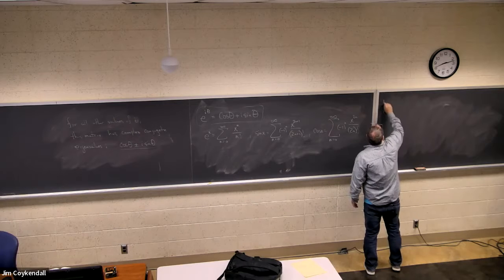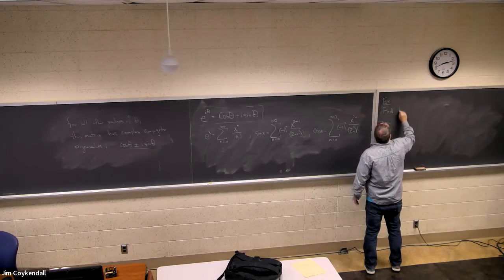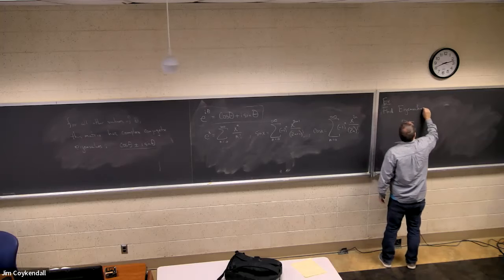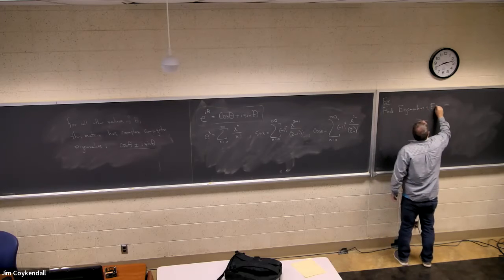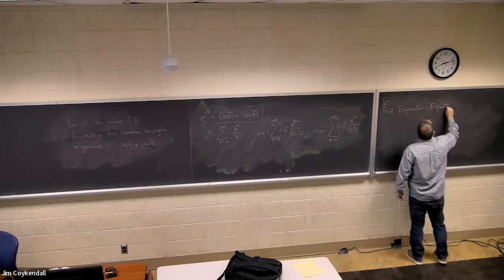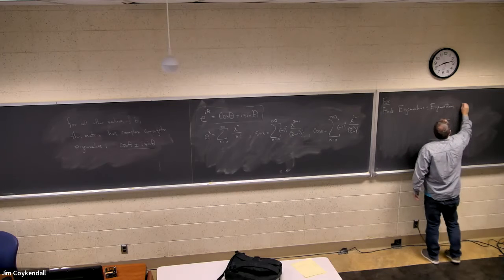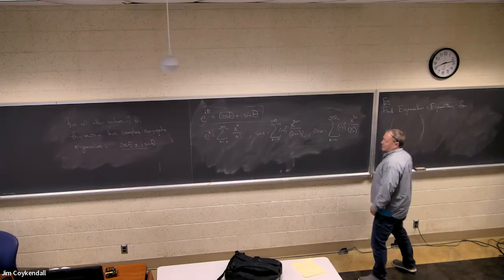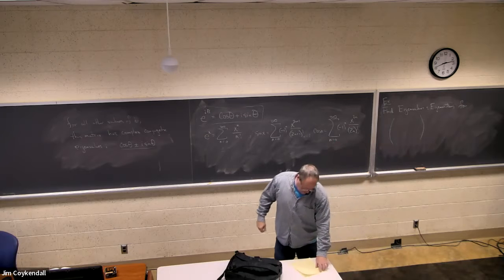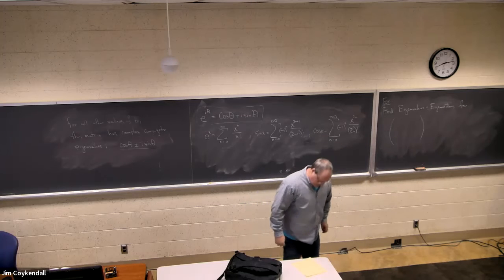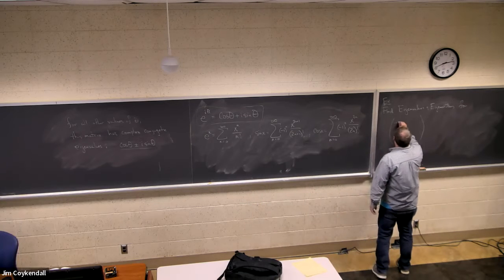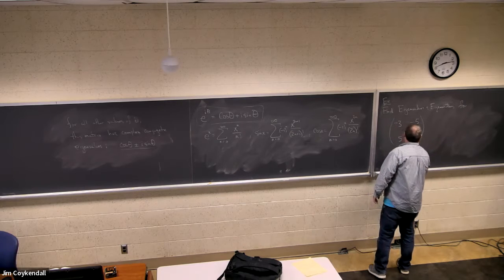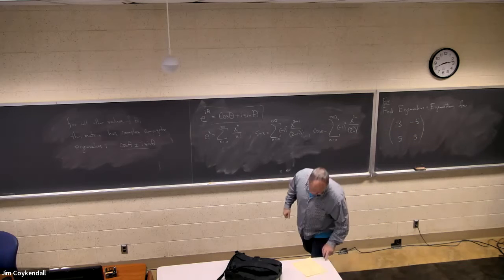Find eigenvalues and eigenvectors for the matrix. Comes out okay, 3, minus 5. Okay, so let's go.